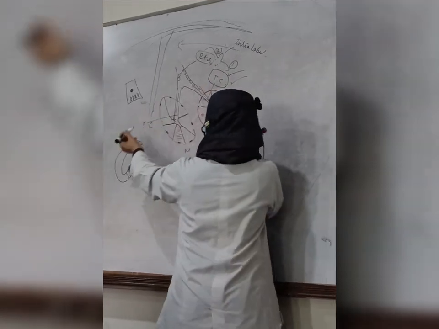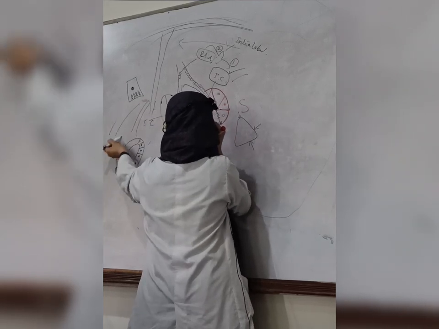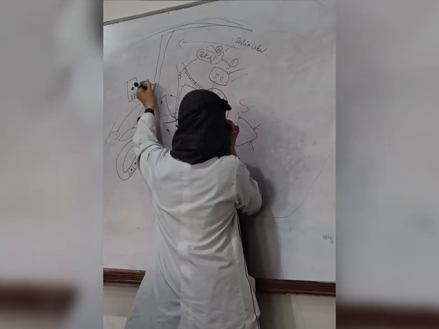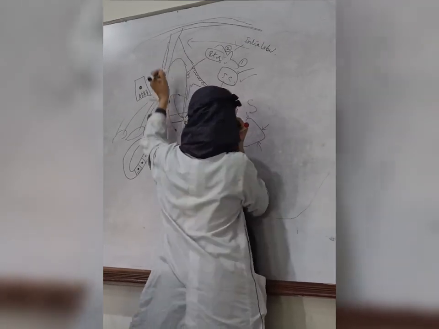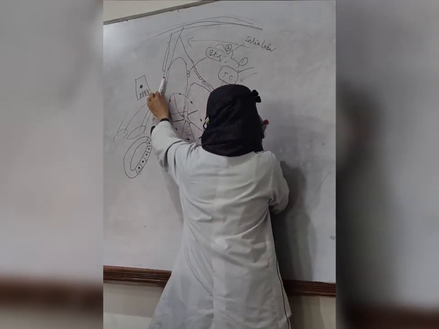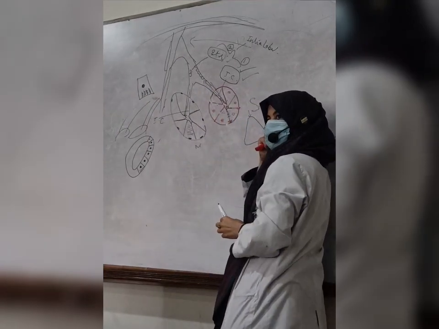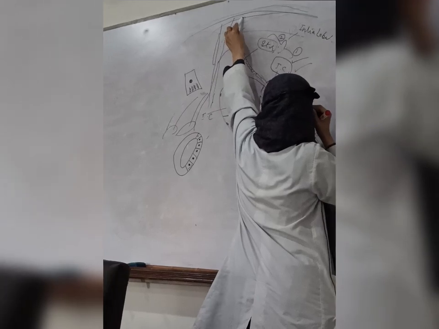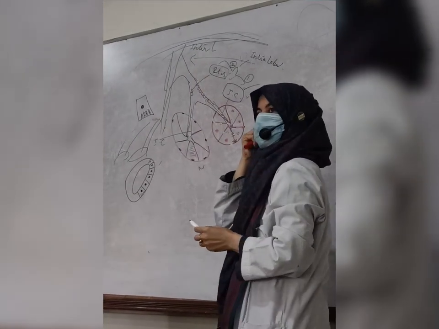Now, what is going to happen? There are so many ducts coming from the other acini, and they join to form a much larger duct that has to pass through the connective tissue which separates one lobule from the other. So now they are called interlobular. Is it clear?